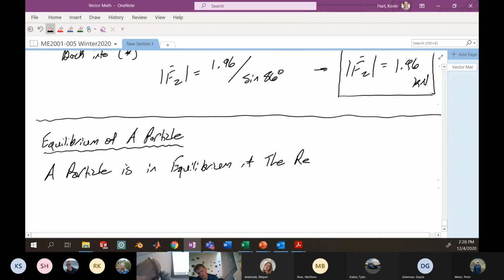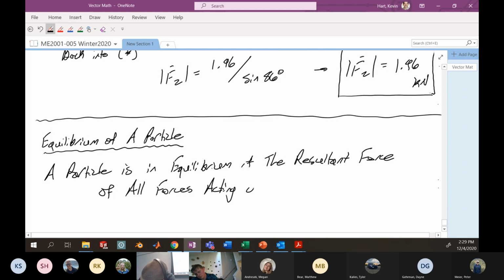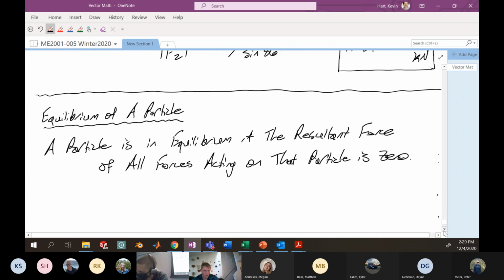If the resultant force of all forces acting on that particle is 0. Right. So that's kind of the definition in English.